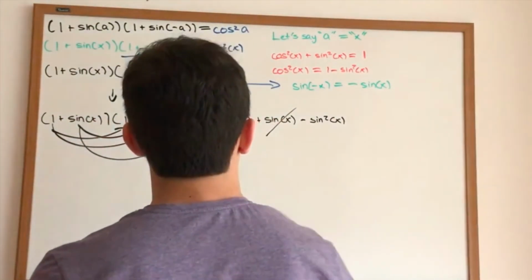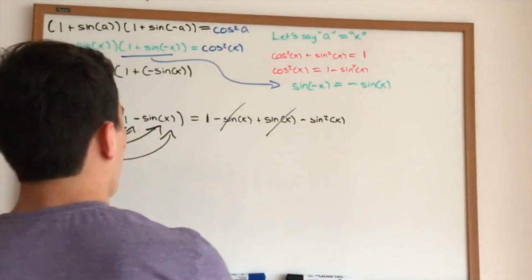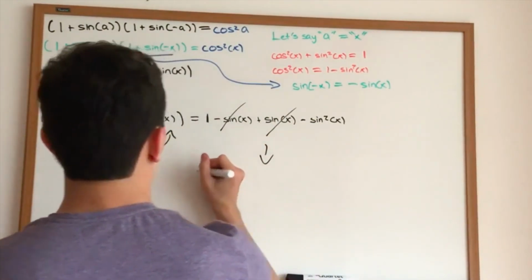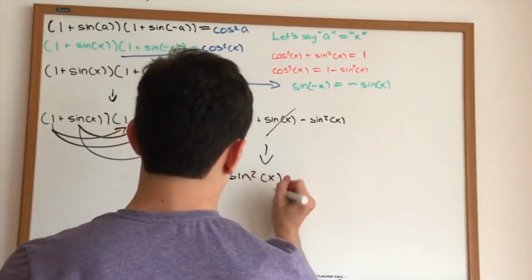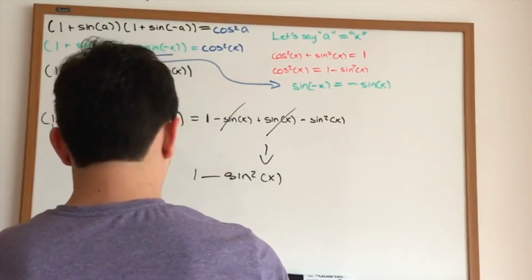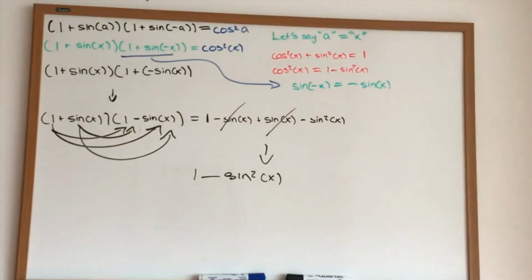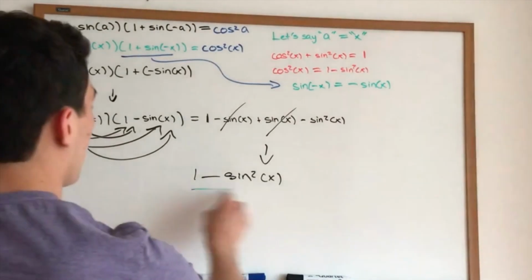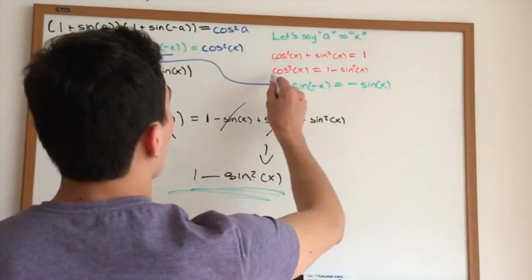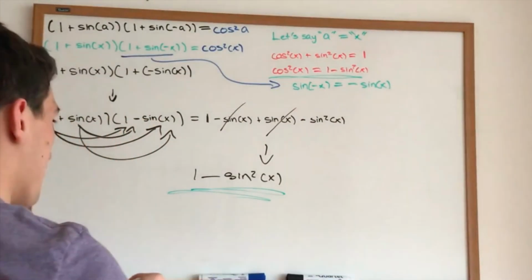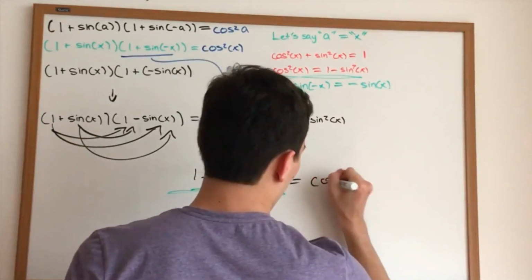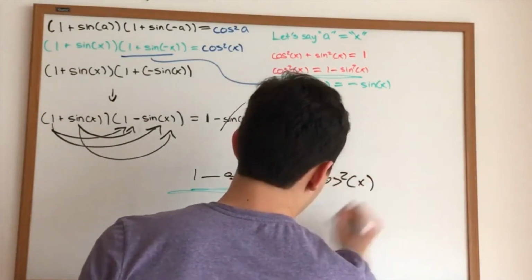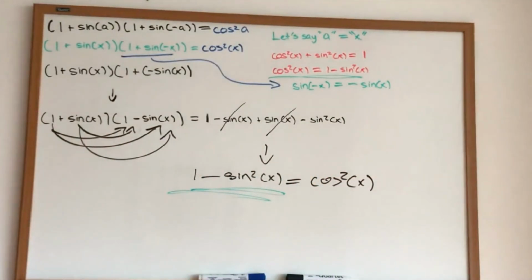If we simplify this and cancel out both signs, would leave us with 1 minus sine square of x. And using Pythagorean trigonometric identities, we can know that this can be further simplified. And that would turn into cosine square of x. And that would be our final answer.